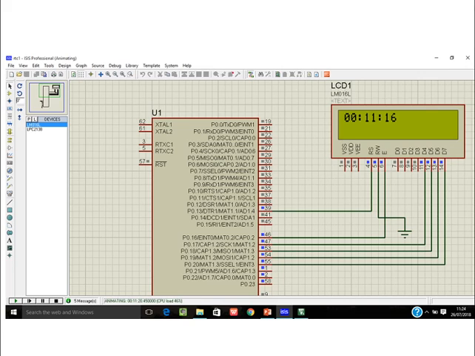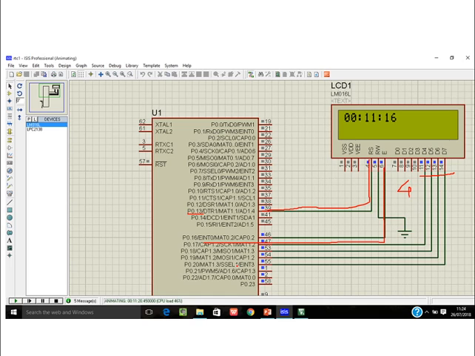Okay, so this is the diagram where we have connected the LCD there. You can see here P0.13, this is P0.13 which is connected to the RS. Enable is connected to P0.16. Okay, and upper 4 bits, this is very important, upper 4 bits are connected to the data bus 17, 18, 19, 20, where we are sending, first we will separate the character and then we will send it to the LCD.